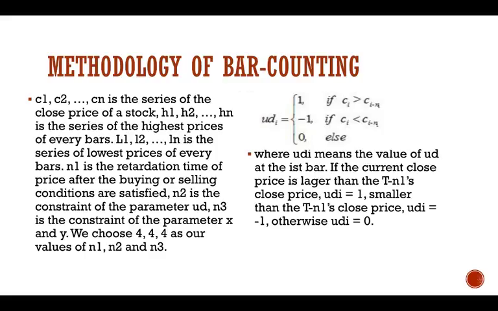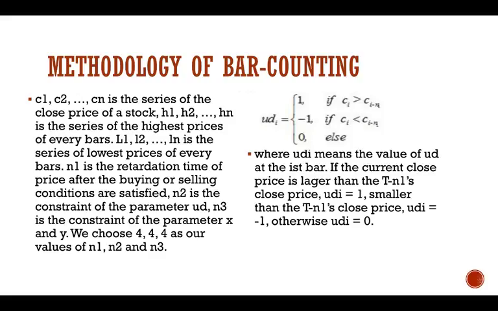The core idea of this strategy is to focus on the relationship of successive bars near the current price. If bars of the stock satisfy some conditions, we record it by a parameter called UD. C1, C2 to Cn is a series of the close price of the stock. H1, H2 to Hn is a series of the highest prices of every bar. L1, L2 to Ln is a series of the lowest prices of every bar.